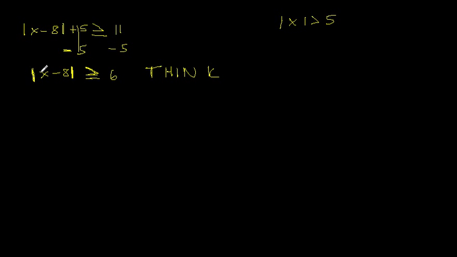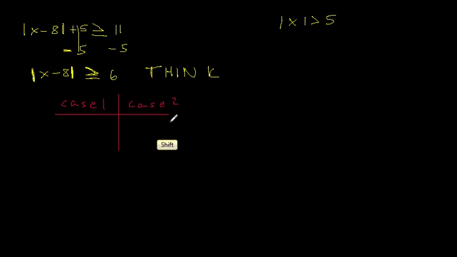When I have an absolute value inequality, the absolute value is isolated, and I end up with a positive value, I have two cases: a case 1 and a case 2.